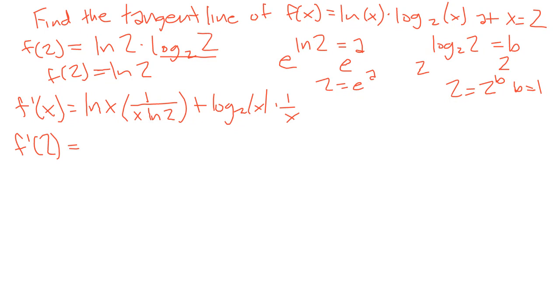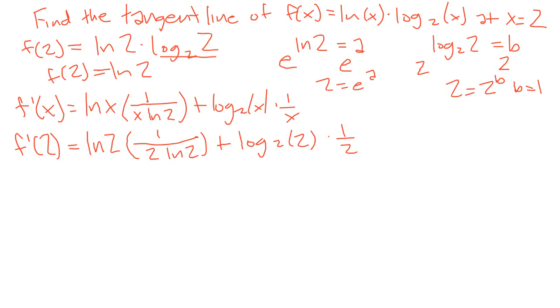So as we said, we know that we have that natural log of 2, which we know can't be turned into anything, times 1 over 2 natural log of 2, plus our log base 2 of 2 times 1 over 2. So let's see if we can simplify even further.